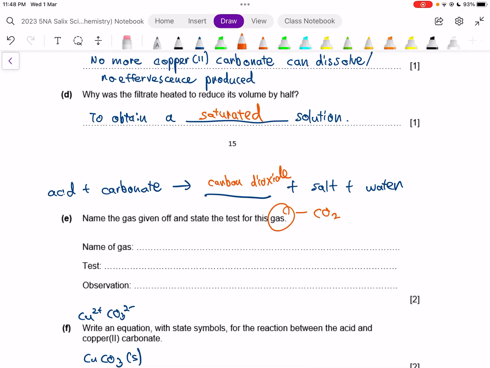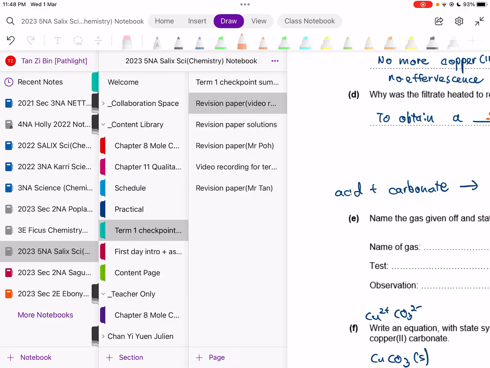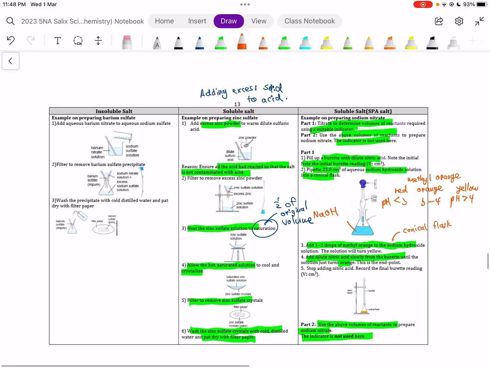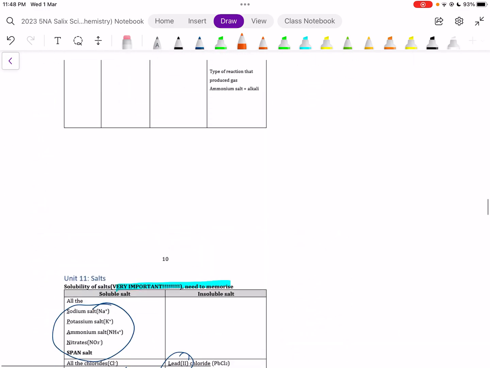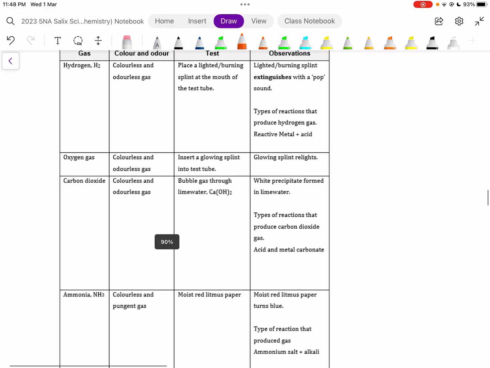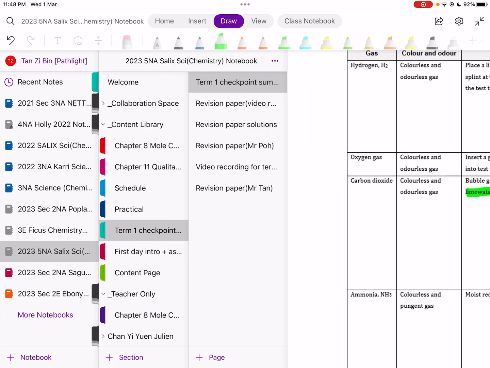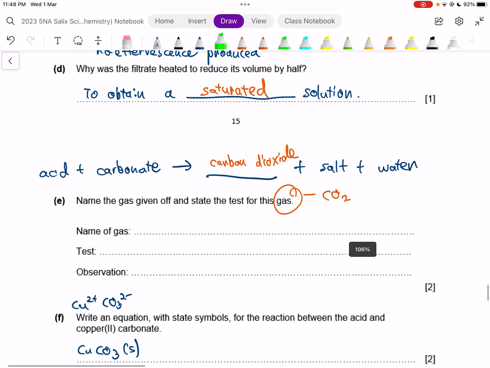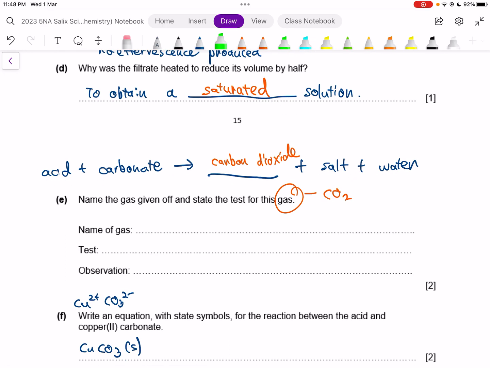How do you actually test for it? It's given inside your summary notes, test for CO2. You should know this since you do QA. Bubble through lime water, white precipitate forms. So let's write the observations for this question. Name of gas is carbon dioxide.